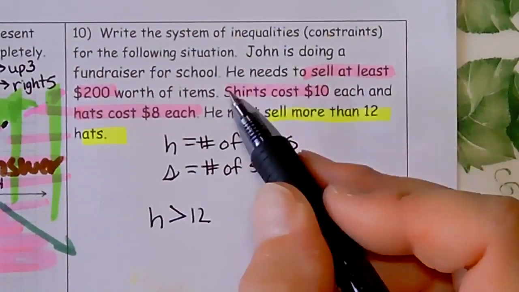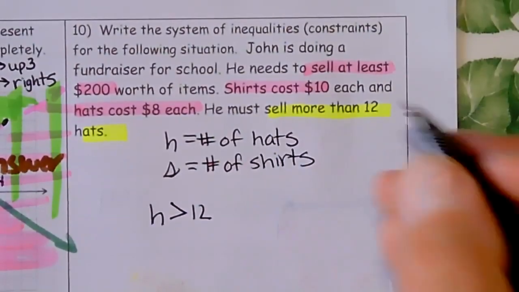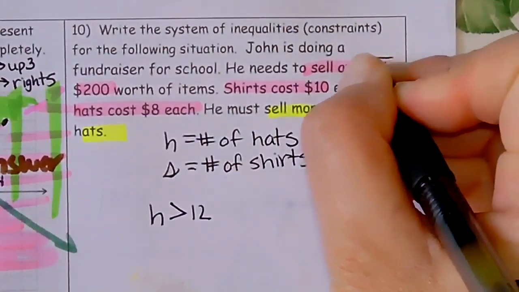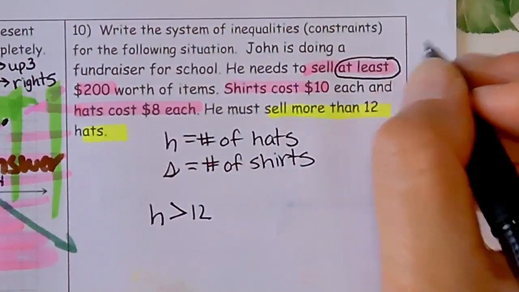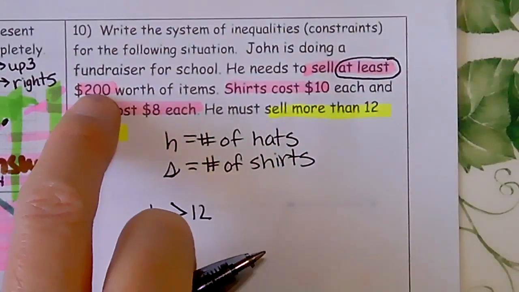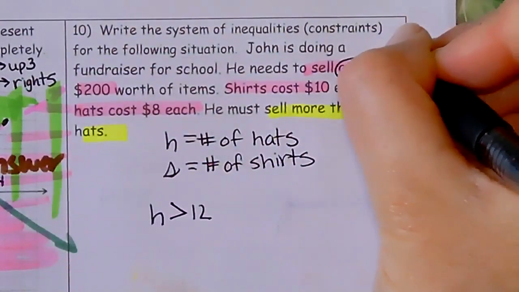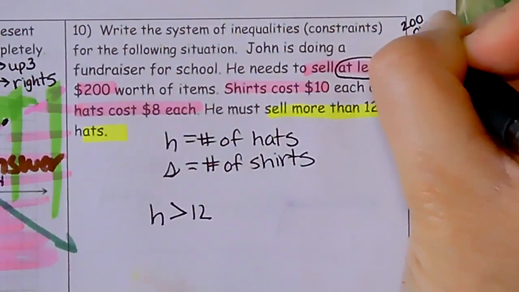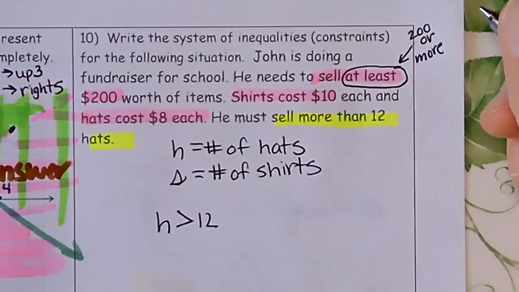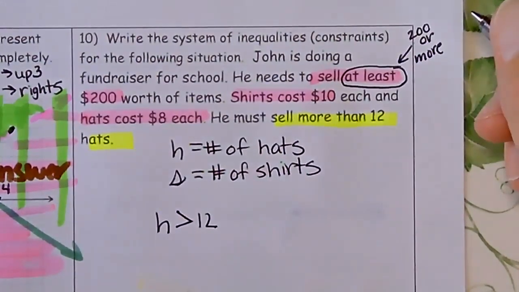The one in pink, the one thing you have to be careful of is this phrase, at least. At least 200 means 200 or more. If you have at least 200 bucks in your pocket, you for sure can cover $200, but maybe you can even cover a little bit more.